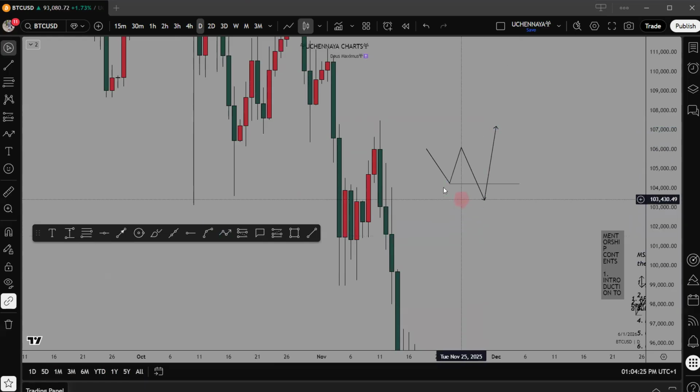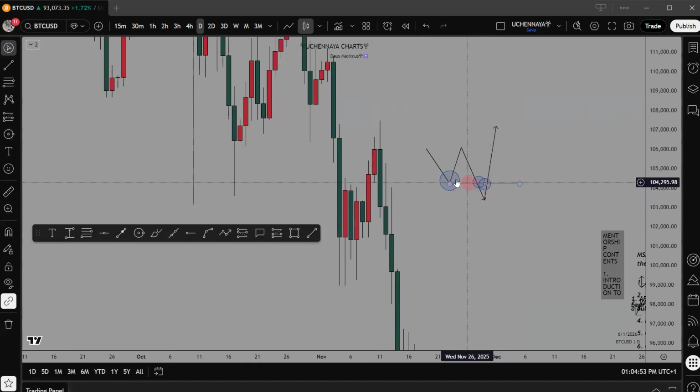Hear me out. A resistance, a support. This is a bullish QML. A support that gets broken turns into a resistance, and price is supposed to sell from here. But again, that same resistance gets broken again.